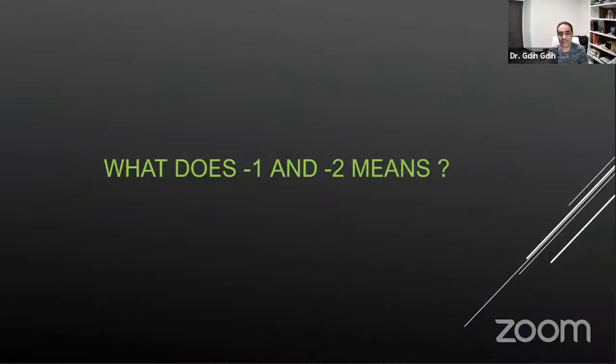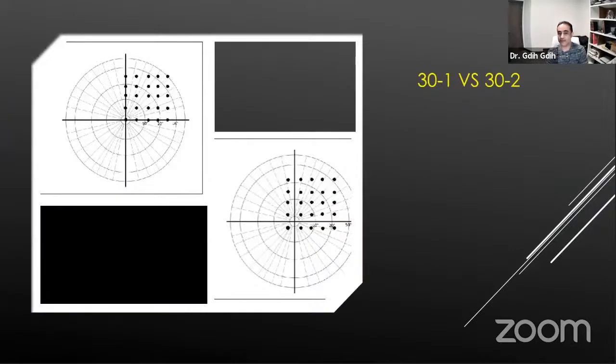Okay, so now what do -1 and -2 mean? Remember I said in the beginning, when the Humphrey visual field machine starts testing the 4 central points to determine the patient's fixation, it will then move on and try to determine the vertical midline and the horizontal midline.